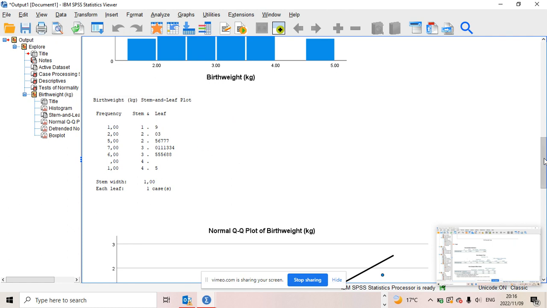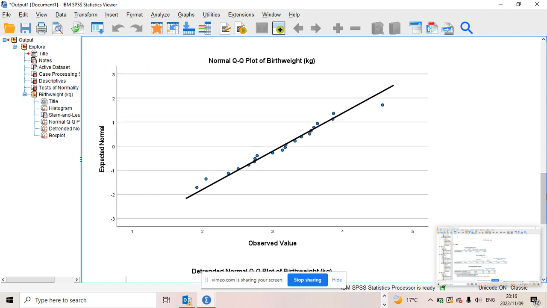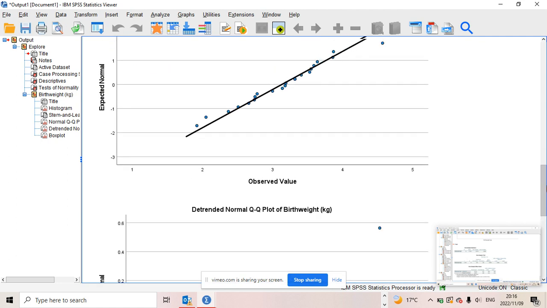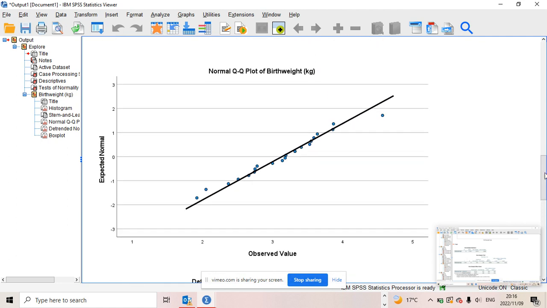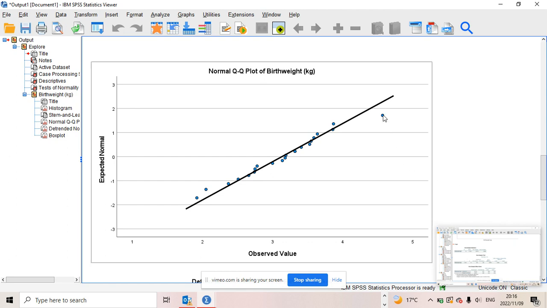Another important thing we need to take cognizance of is the normal QQ plot of birth weight. As you can see here, the values are forming a straight line. They run closely along this straight line, which is a sign of normal distribution.